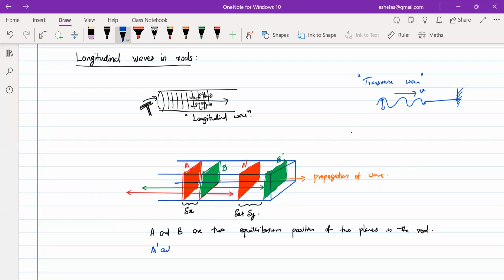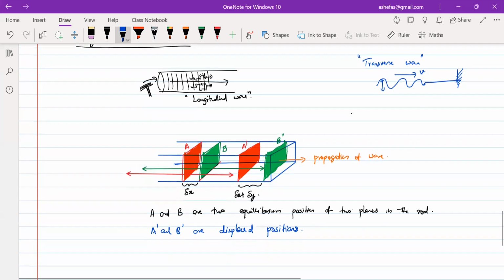So we represent delta x as the separation between A and B, and when it oscillates, the separation may change. So delta x plus delta y may be the separation during its oscillation.